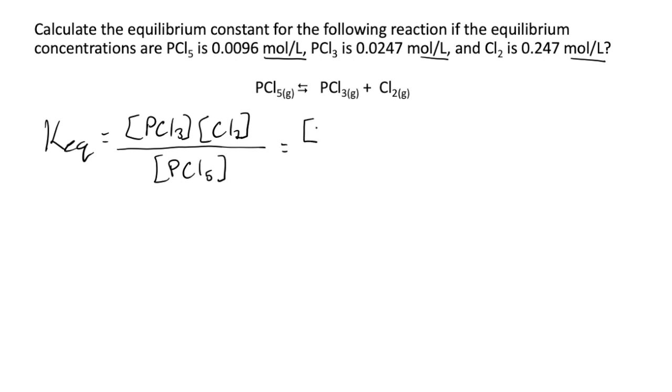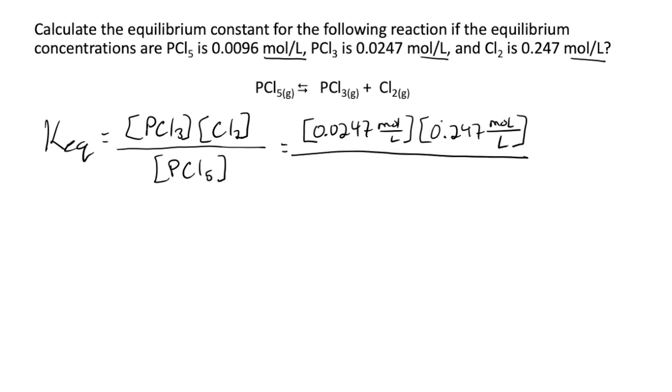Now we just plug in our concentrations. So for PCl3, we have 0.0247 moles per liter. For Cl2, 0.247 moles per liter. Let me correct this.